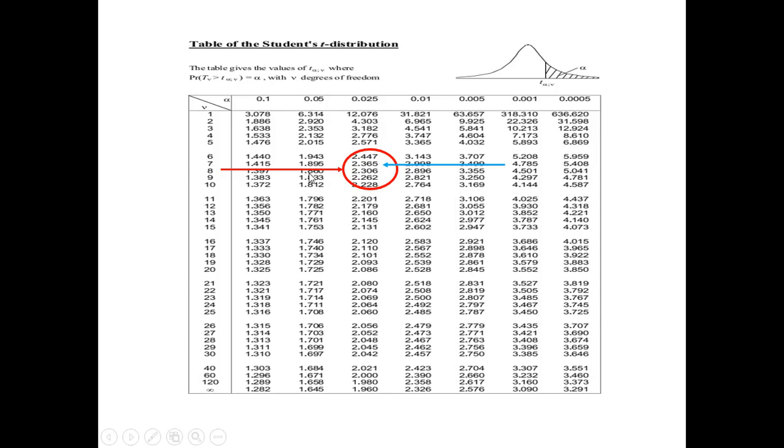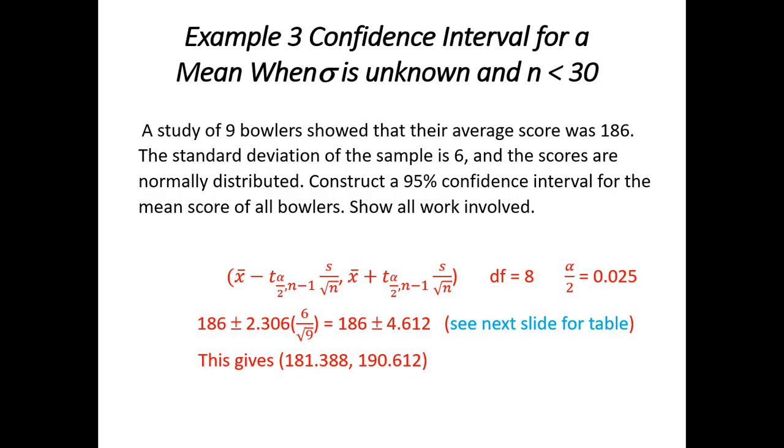My degrees of freedom is 8. So follow this red arrow, and you can see where we get 2.306. So that's where we have this value coming from right here.